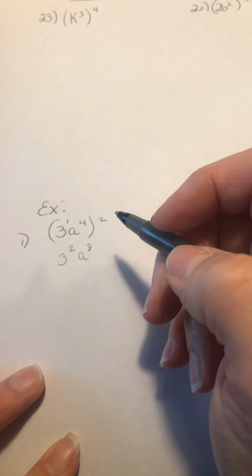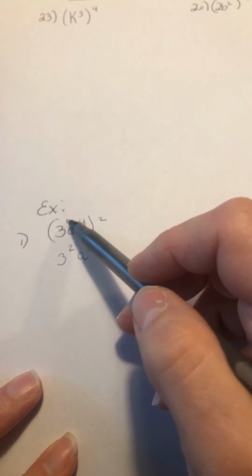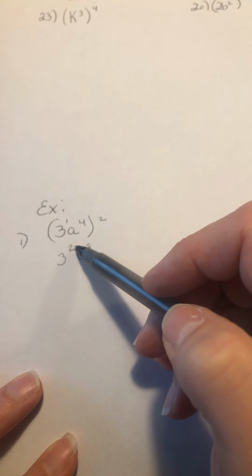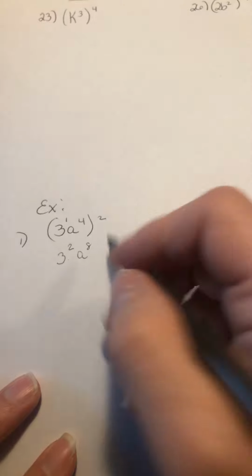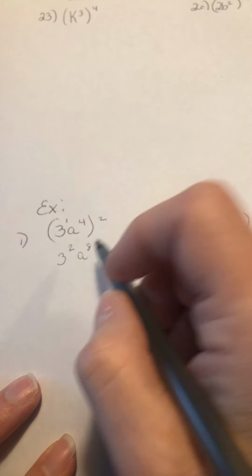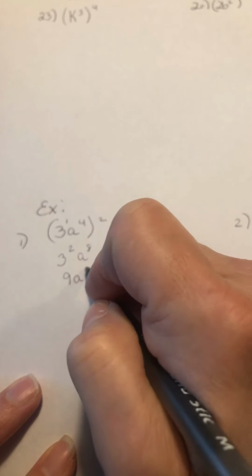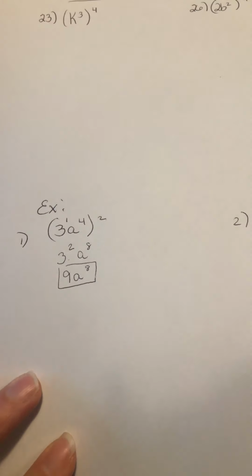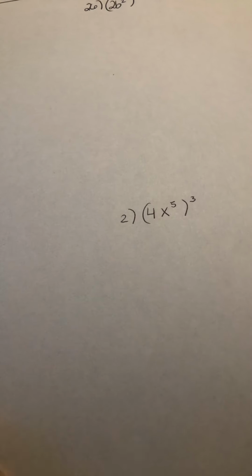Now I will tell you that a common mistake is to forget that there's an exponent here and just leave that as a 3 and forget to put the exponent of a 2. You have to remember there's a 1 here. So to fully simplify, 3 squared is 9a to the 8th power.